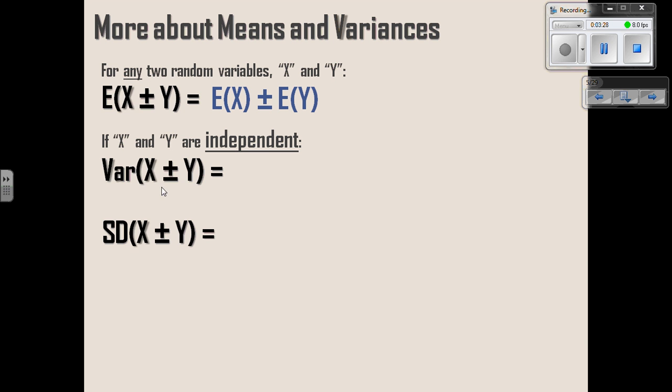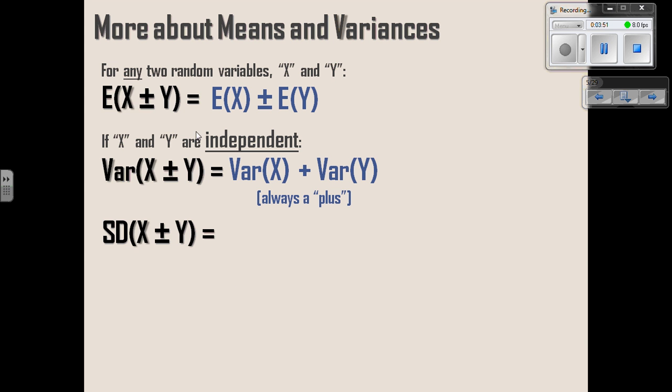But for now, the variance of x plus or minus y, when I'm adding those two things together or subtracting, will be variance of x plus variance of y. It will always be a plus. Variance and standard deviation always increase, even if we're subtracting two variables. And we'll look a little bit more at that later about why.